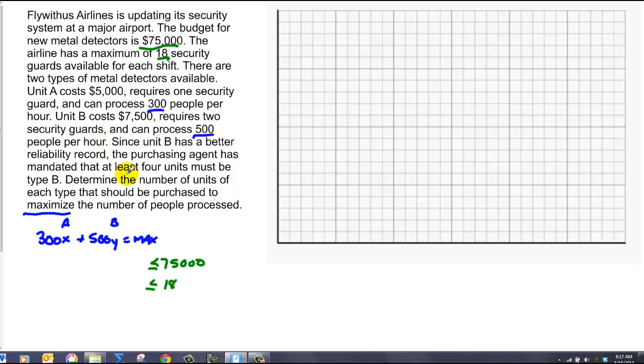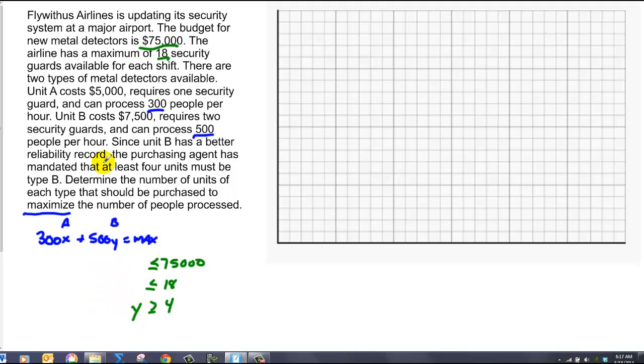Oh, right here we have to buy at least 4 units of B. So 4, and it could be more than that, of B, which is y.